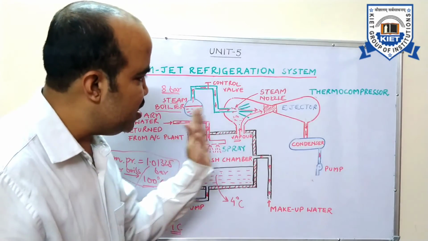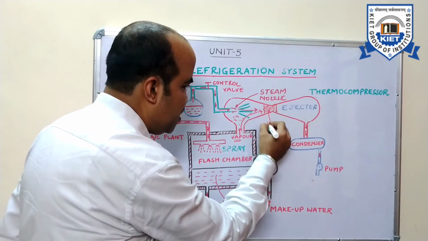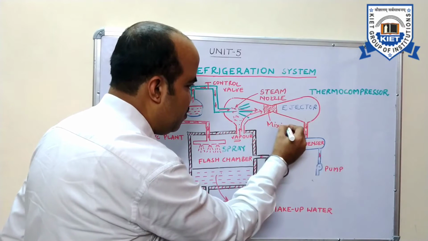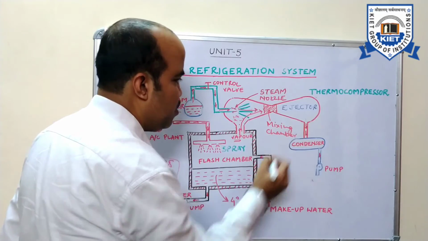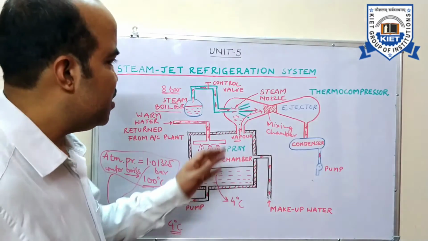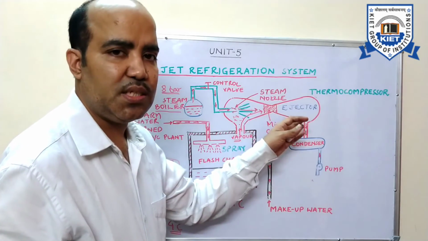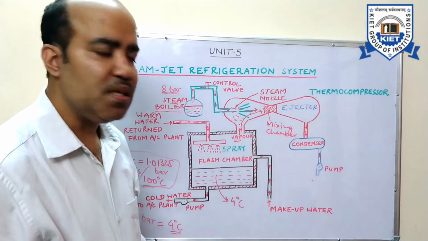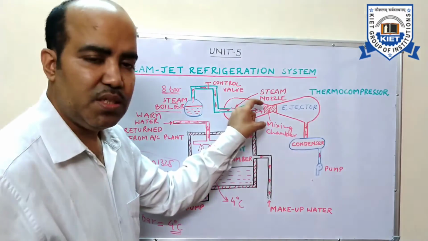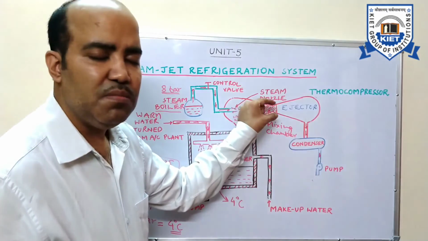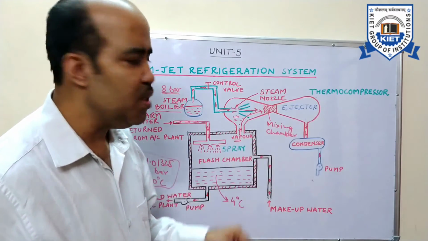When they come out of this constant area section, which is called the mixing chamber, it enters the diffuser section of the ejector. As you can see from the construction itself, the ejector has a converging portion, then a constant area section, and after that a diverging section.